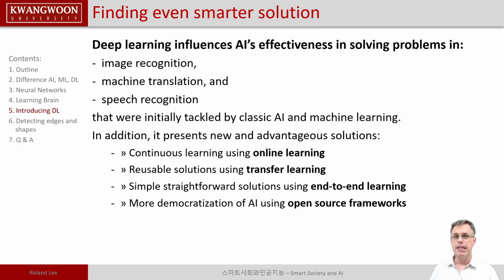In addition, it presents new and advantageous solutions, such as continuous learning using online learning, and then reusable solution using transfer learning, then simple straightforward solutions using end-to-end learning, and then more democratization of AI using open source frameworks. So we talk about these four approaches now. We start with using online learning.